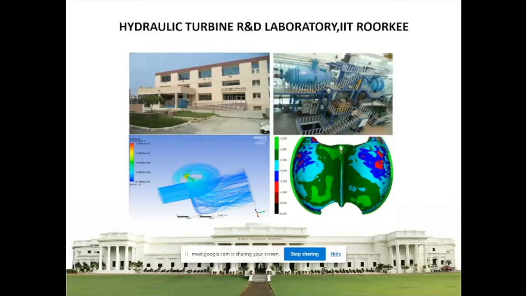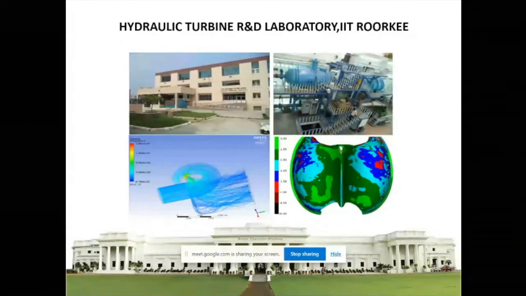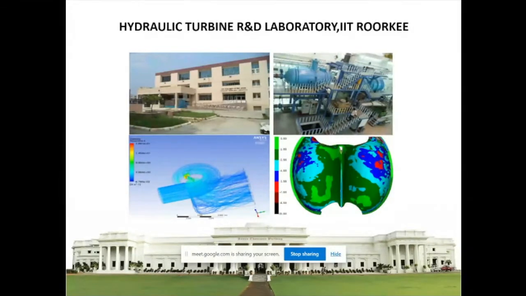Nowadays, the CFD codes are well developed in this particular application. Even at a best efficiency point condition, we can achieve an accuracy of 0.5%, meaning we are within plus or minus 0.5% uncertainty.